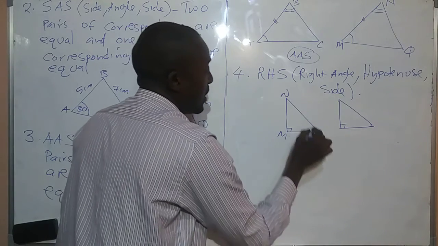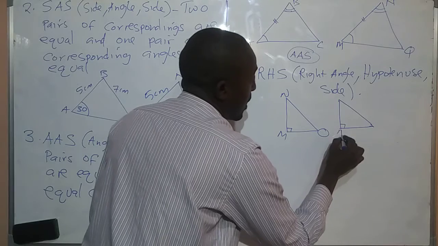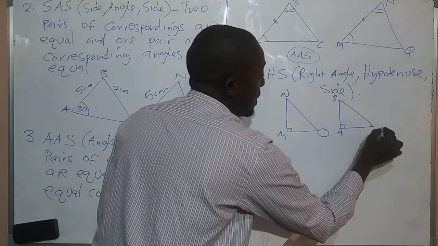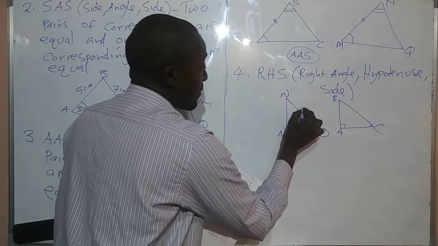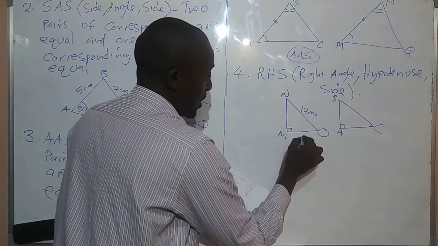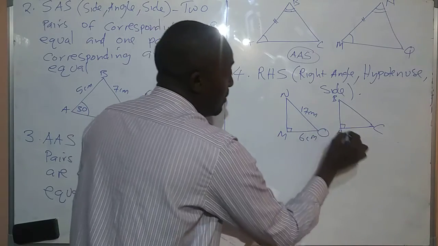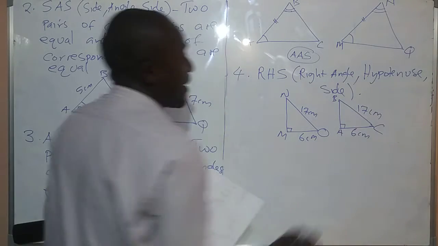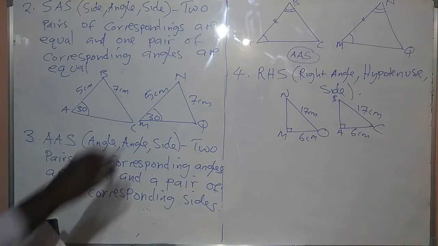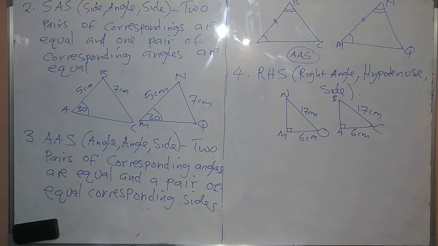M, N, O, A, B, C. Okay, so here we are going to have 17, 6 here, 6, 17. Okay, so these two are congruent.